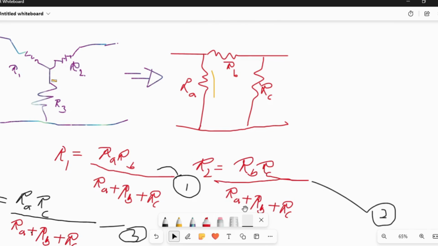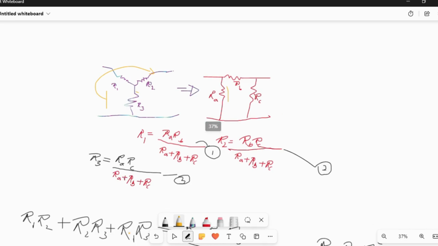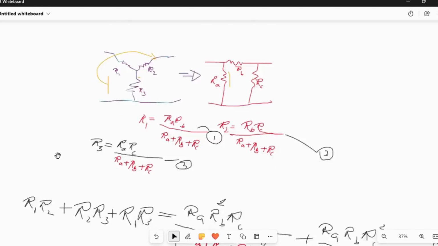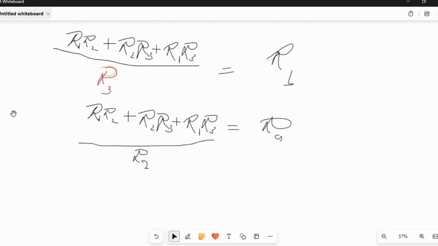Then look at the corresponding side, and here the corresponding side is this, that means the left hand side. So look at the opposite side, and you will find the R2 resistor. So we must divide this product sum by the R2 resistor. So we have done it.